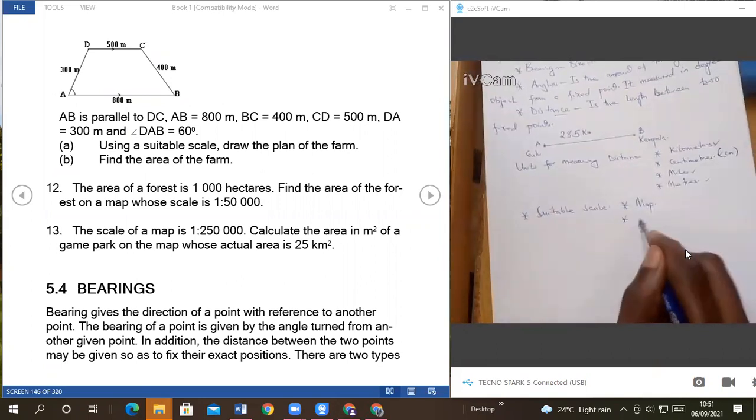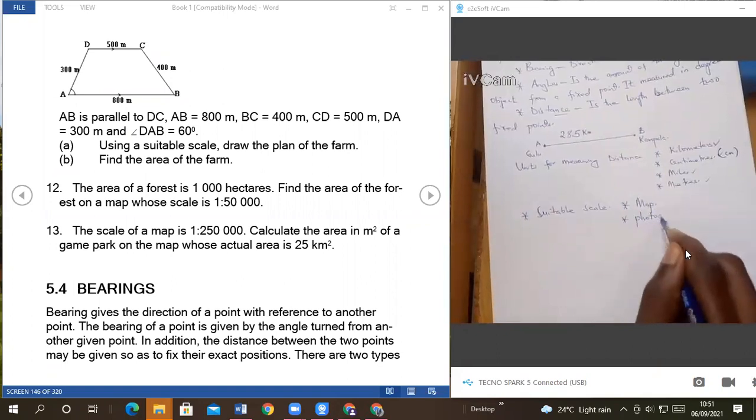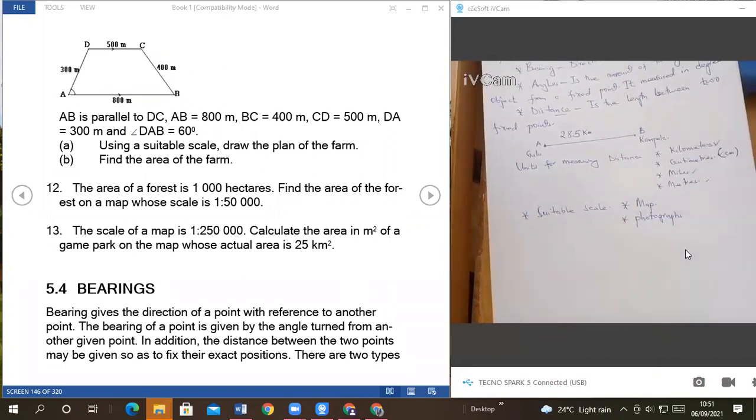That's how we are able to have photographs. Are you together, members? That's how we are able to have building plans. Building plans are because of scales.